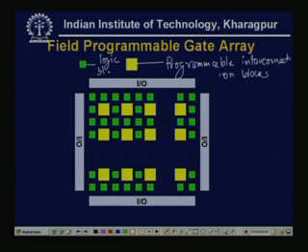This is logic blocks, and these are the IO blocks, 4 IO blocks as if they are arranged in the boundary. So, these are my programmable IO blocks.